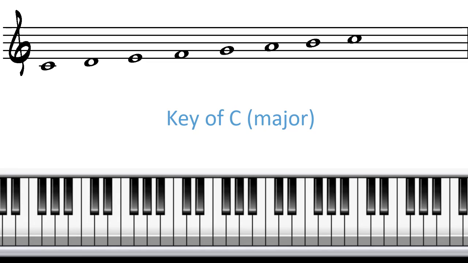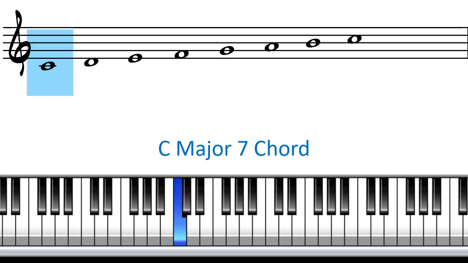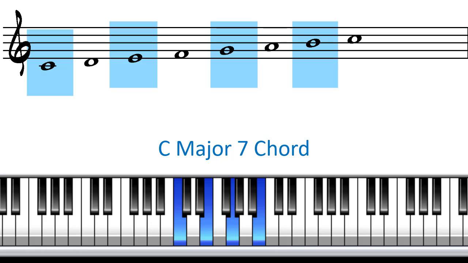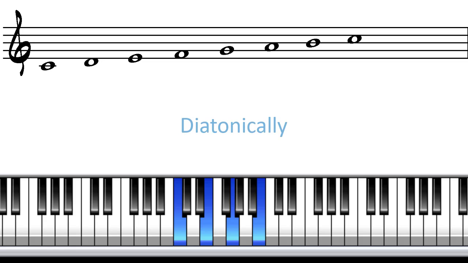All right, so in the key of C, all the white keys, starting on C and going to C, you get a major 7 chord if you start on the 1, the C, and then go up in thirds. And this chord occurs naturally in the key of C. The major 7 chord happens naturally in the key of C. You might say it occurs diatonically.